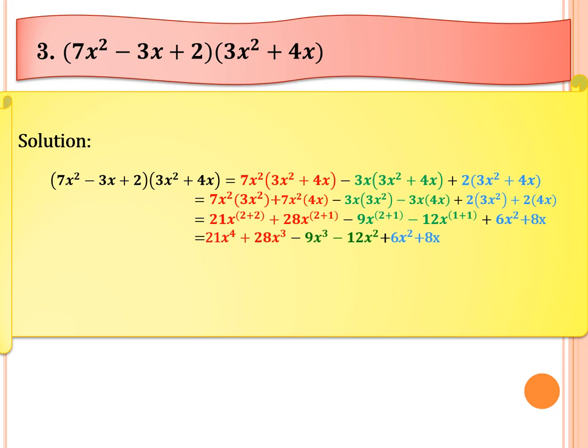Now, we just add their exponents. So, we will have 21x to the power of 4 plus 28x to the power of 3 minus 9x to the power of 3 minus 12x to the power of 2 plus 6x to the power of 2 plus 8x.